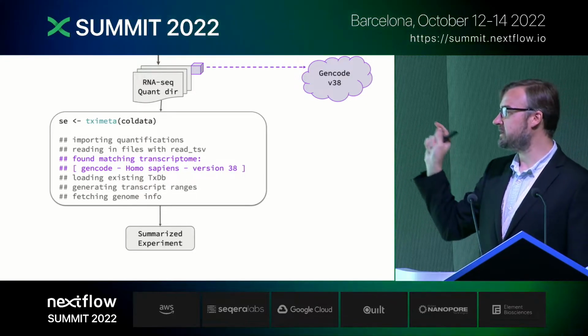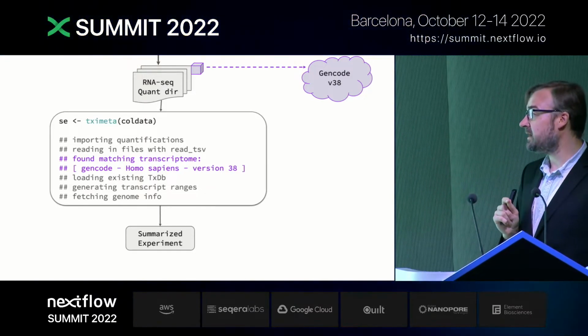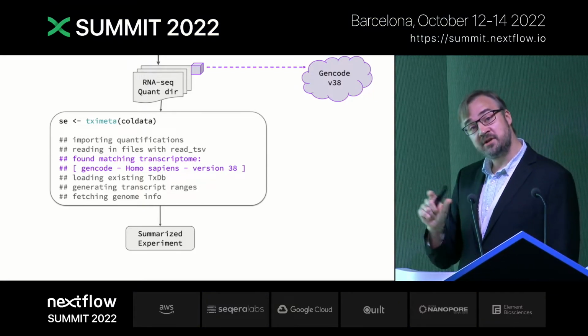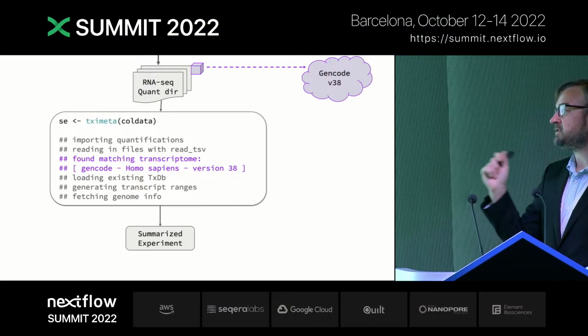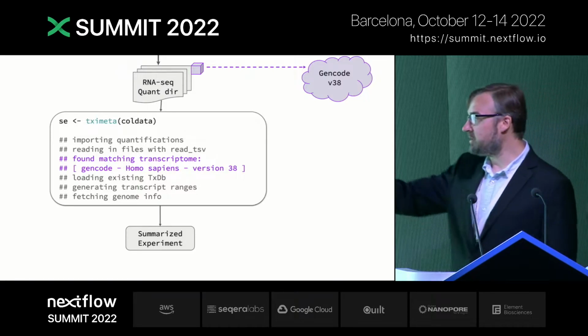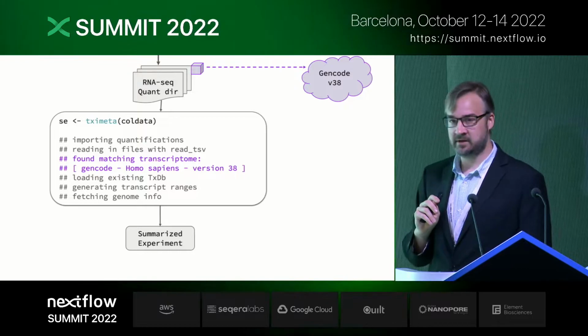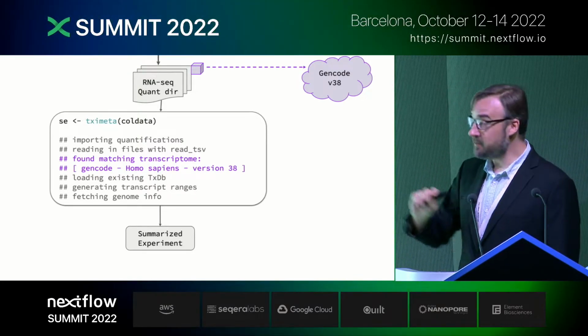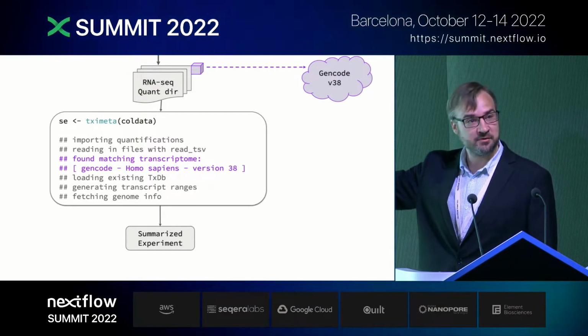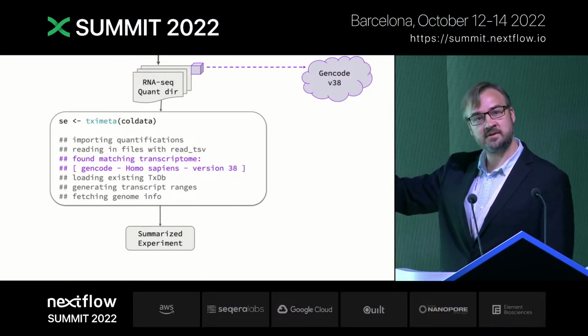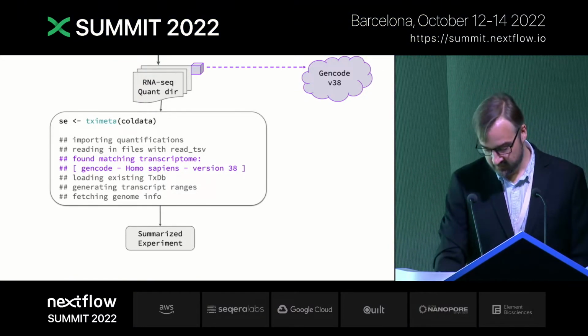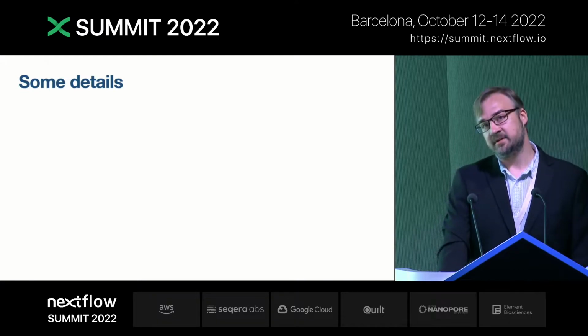It's GenCode Homo sapiens version 38. I'm loading the transcript database. I'm generating genomic ranges in R for all of the transcripts, and I'm fetching the genome information. And the output is a SummarizedExperiment, right, which is an R object in the Bioconductor ecosystem. And the user didn't have to do anything extra here except use a version of the quantification tool that supports this information.